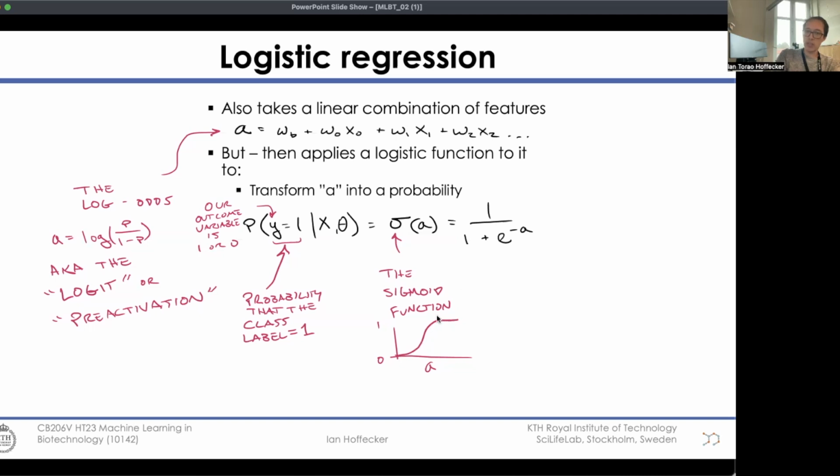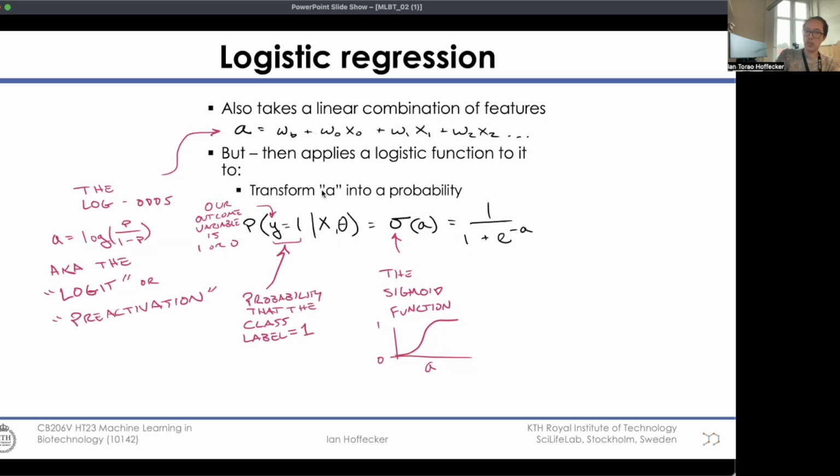The sigmoid function is this S-shaped curve here, where you have 0 at the bottom and 1 at the top, and a sharp transition in between. And the idea is to map values of a, our linear combination of features, to probabilities that the outcome variable is either 0 or 1. So we have two options and then a probability of being one or the other.